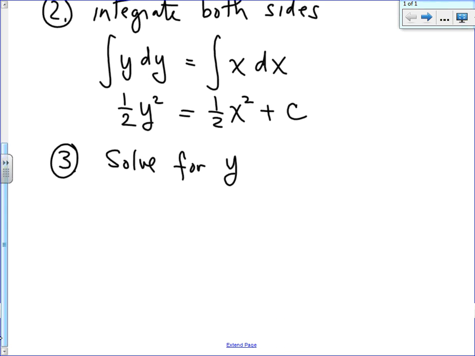So we come down here and we solve this for y. I'm going to take complete steps here so you see what I'm doing. I want y all by itself, so I need to get rid of the 1/2. I'm going to multiply everything by 2. So we end up getting y squared is equal to x squared plus 2c.